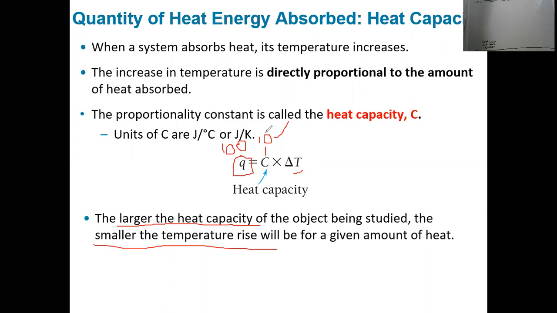Because 10 times 10 is 100. The material that has the smaller heat capacity, a heat capacity of 1, the temperature change for that would have to be 100 for it to have 100 joules of heat. So you see the heat capacity of an object is related to the temperature change of that object.